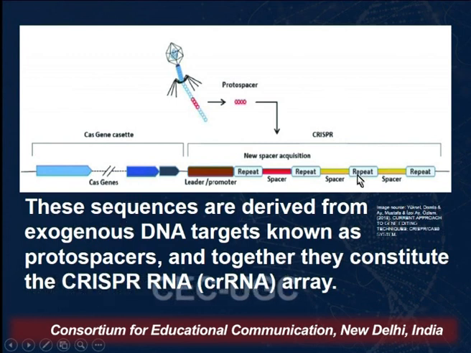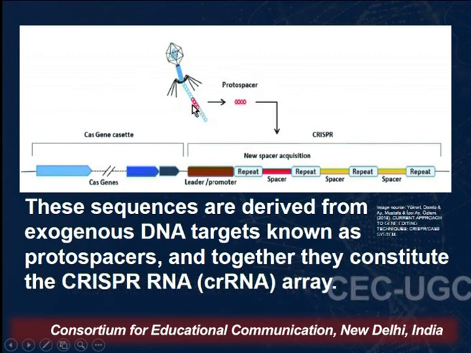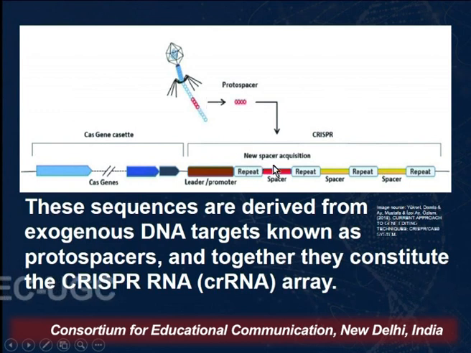These sequences are derived from exogenous DNA targets known as protospacers. For example, if a bacteriophage infects a bacteria, a prokaryote, then it injects its DNA, and a piece of its DNA, termed the protospacer, is introduced into this CRISPR array.